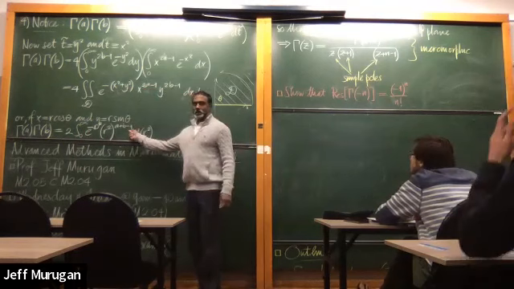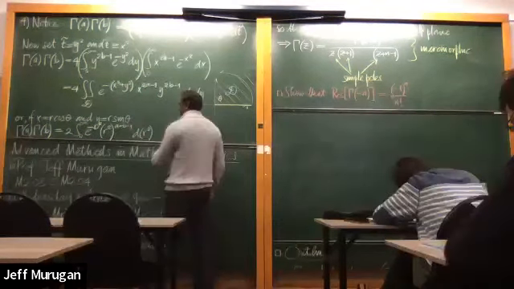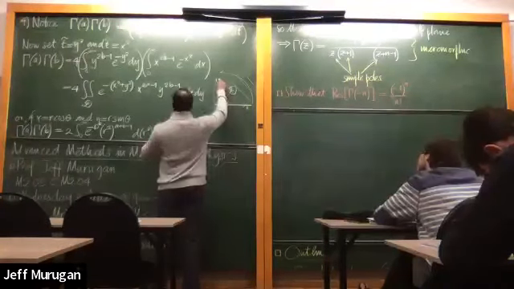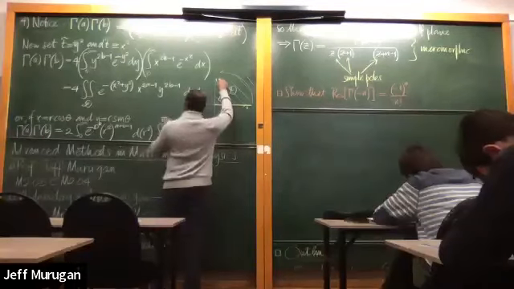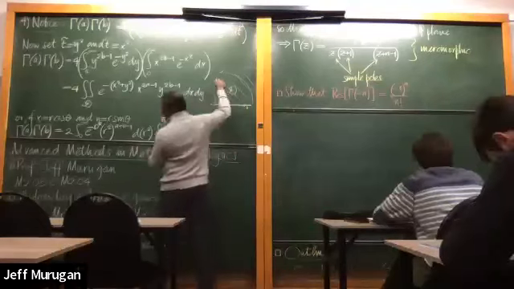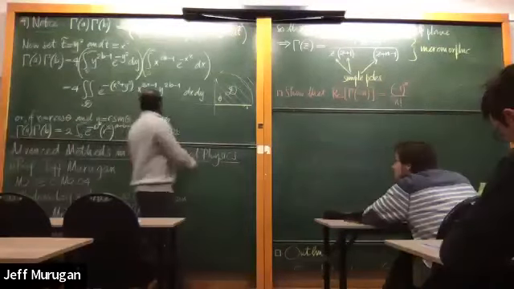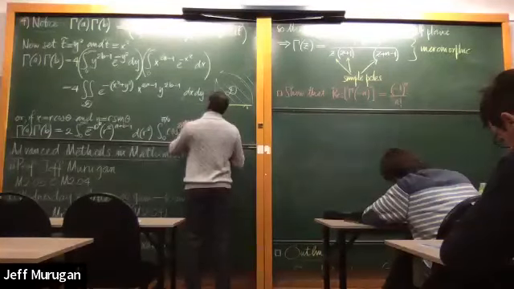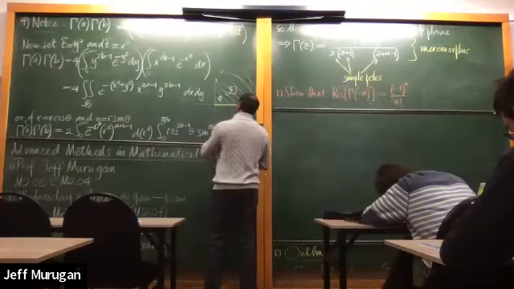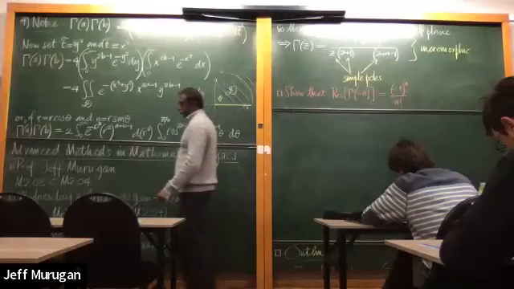Again, it's a 1 here because the 2 multiplies these 2. Times the integral from 0 to pi by 2 of cos to the 2a minus 1 theta sine 2b minus 1 theta d theta.